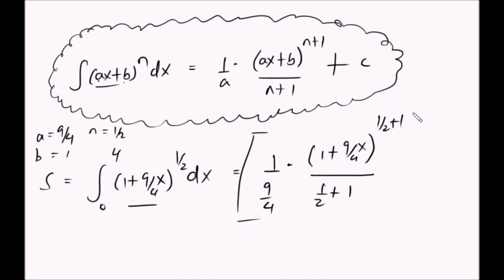So we are going to integrate from 0 to 4. 1 over 2 plus 1 is 3 over 2.